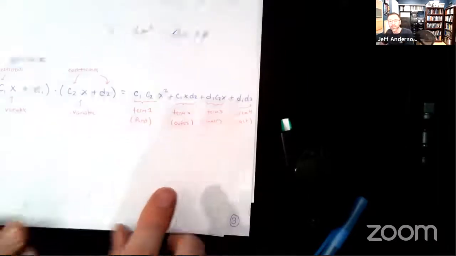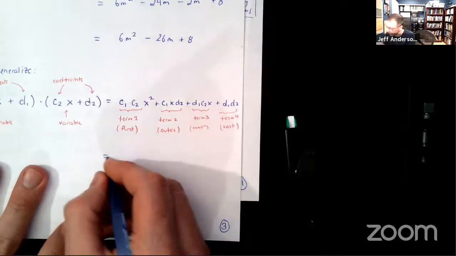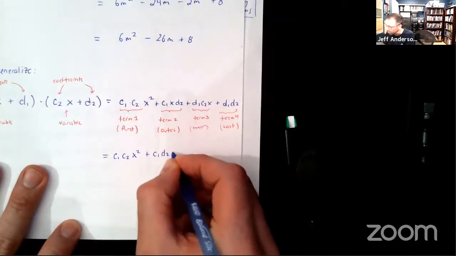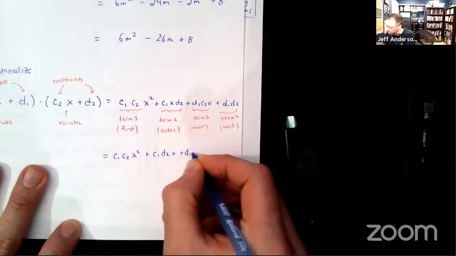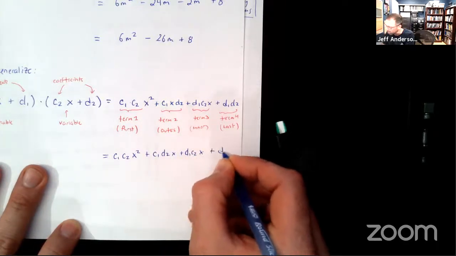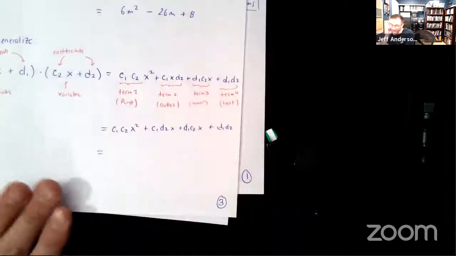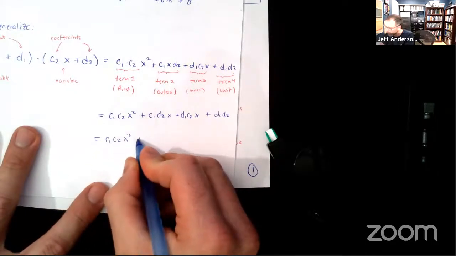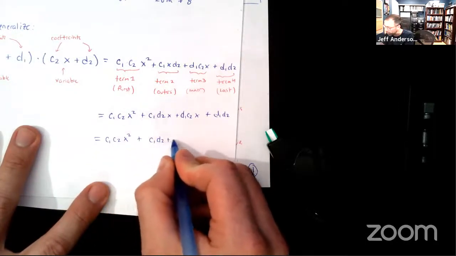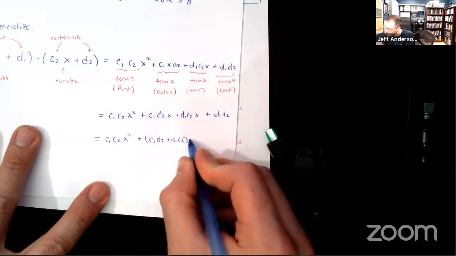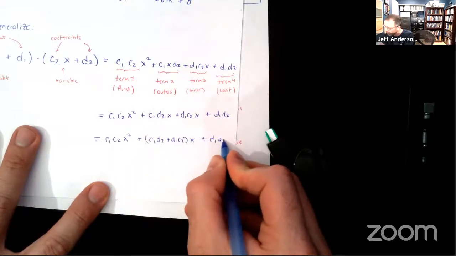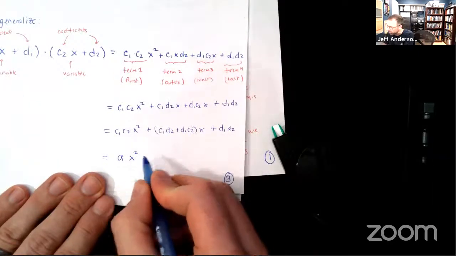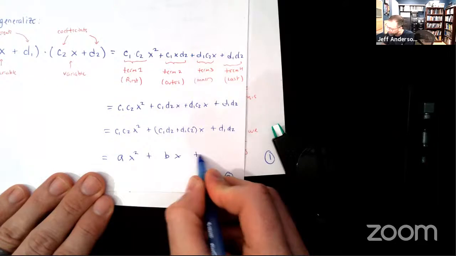Okay. So let's go ahead and simplify this a little bit. So this is C1 C2 x squared plus C1 D2 x plus D1 C2 x plus D1 D2. When I combine like terms, notice I have C1 C2 x squared plus C1 D2 plus D1 C2 x plus D1 D2. And notice this is going to be ax squared plus bx plus c.